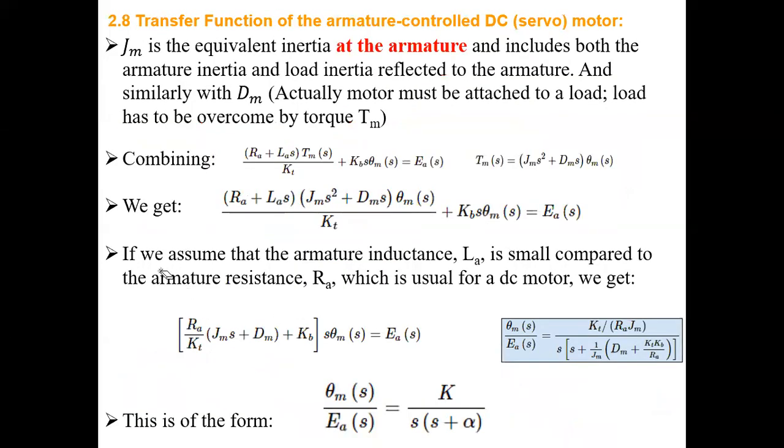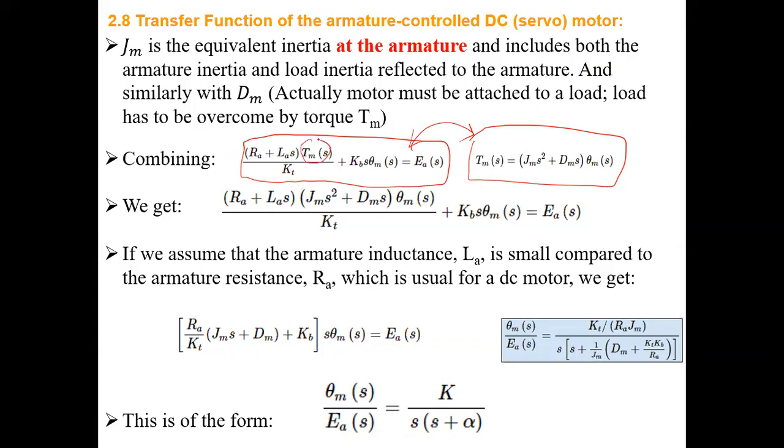Now, okay, all right. So I carried these two guys from the previous slide. Now we have to combine these two. How do I combine? So remember this Tm, replace this Tm by this guy now.